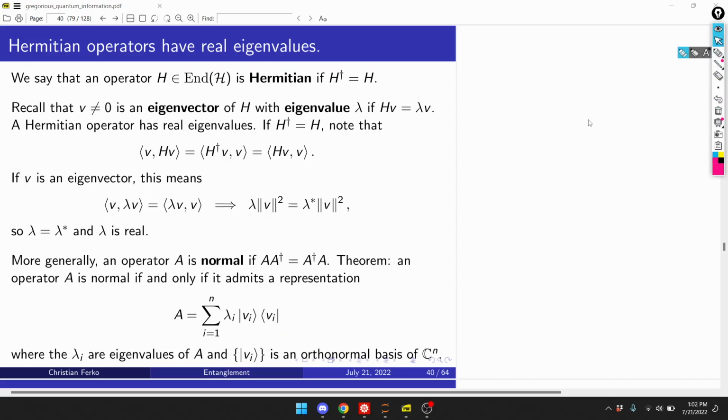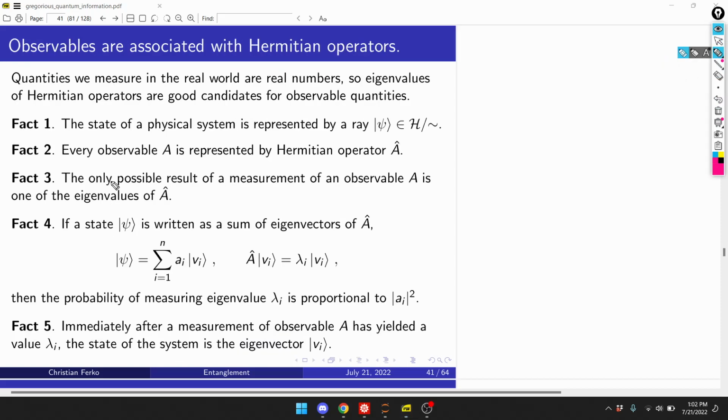So if its eigenvectors are an orthonormal basis, I can take any vector I like and write it as a linear combination of basis vectors, where those basis vectors are eigenvectors of A. I can do that for any state at all, write it as a sum of eigenvectors of the operator A hat, and then the probability that you measure eigenvalue lambda i will be proportional to the norm squared of the number appearing in that expansion.